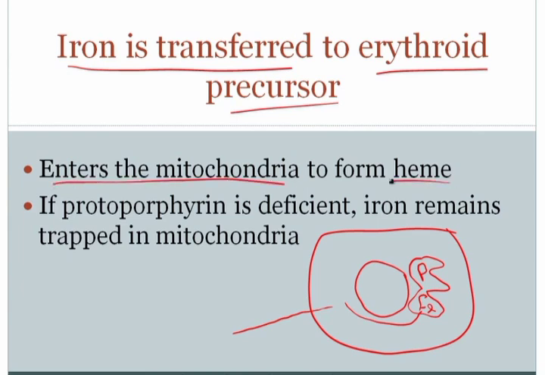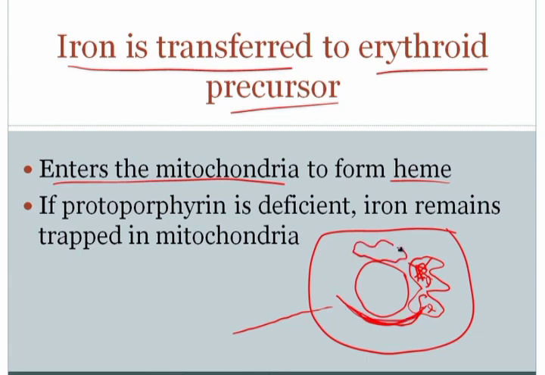Now let's pretend for a minute that protoporphyrin is deficient, so that we're not making protoporphyrin. If we're not making appropriate protoporphyrin, iron will enter into the mitochondria and will be trapped there. It has no way of getting out. And when iron gets trapped within the mitochondria, it's going to pile up, because iron is going to continue to come in, so more iron and more iron will come into the mitochondria.